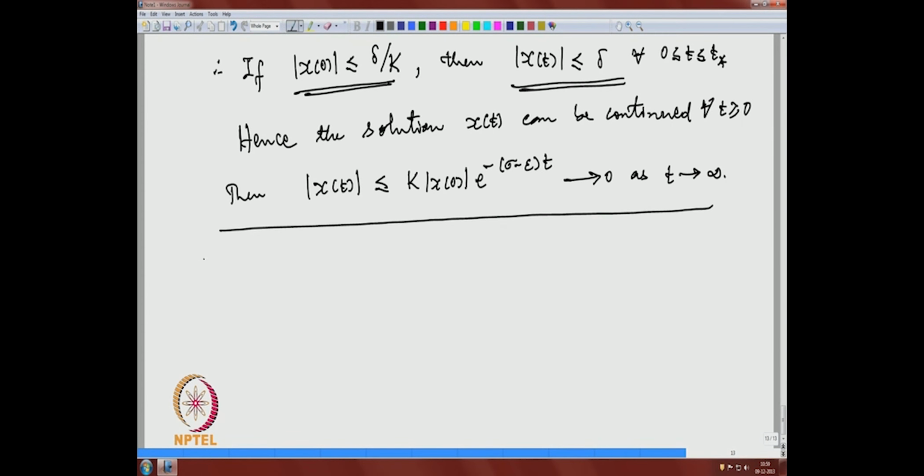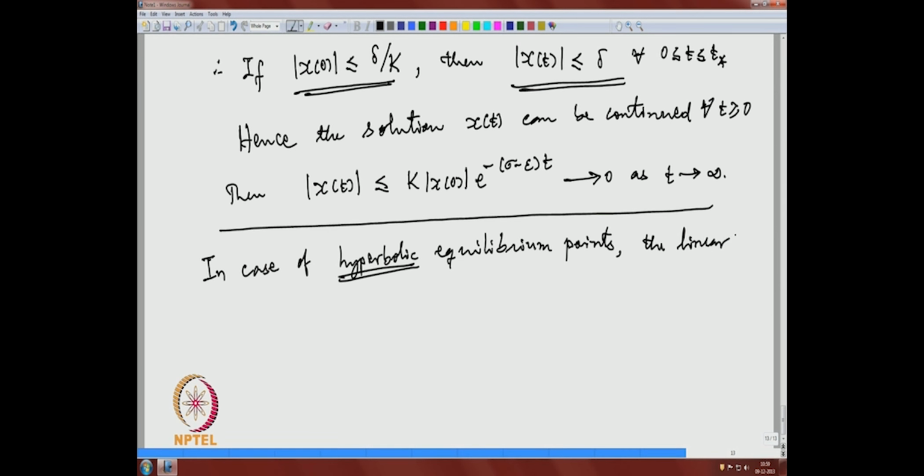So, this is important: in case of hyperbolic equilibrium points, the linear stability analysis implies nonlinear stability.